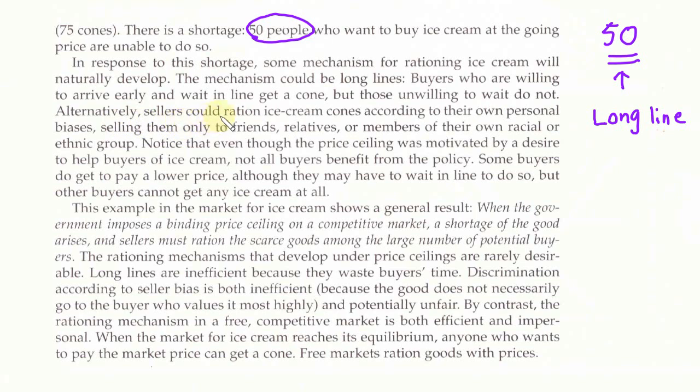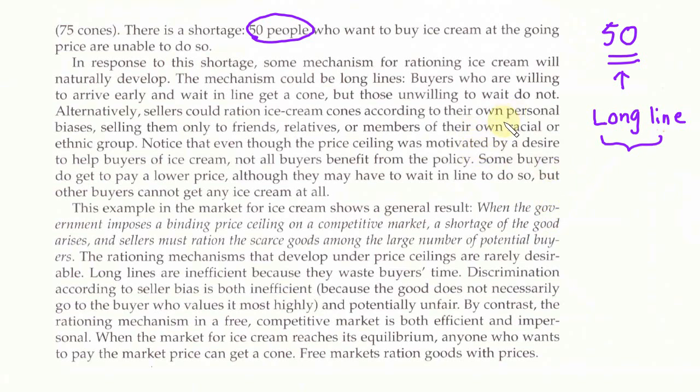Alternatively, the sellers could ration ice cream cones according to their own personal bias. So even if people line up to buy ice cream because of the shortage of 50, some do not want to.